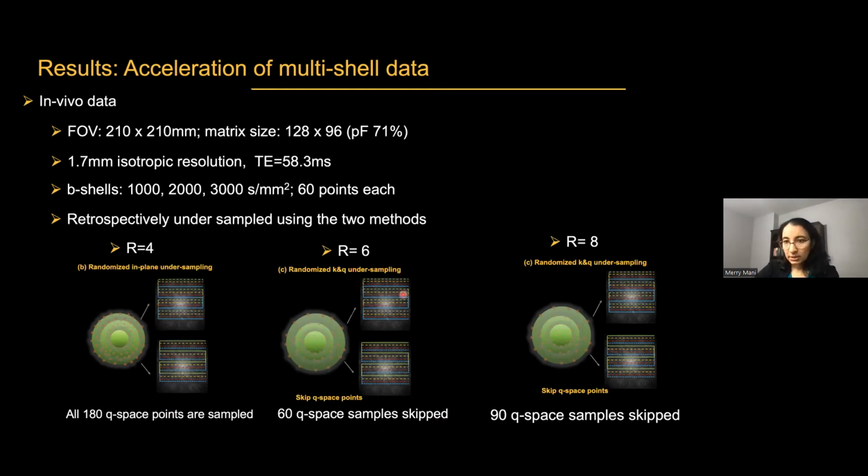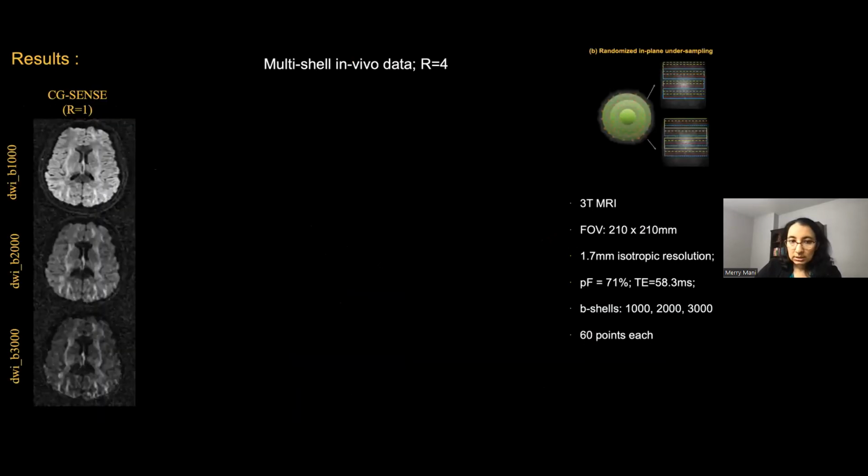So here the k-space is undersampled, and on top of that, the Q-space is also undersampled. For acceleration of 6, I skip 60 points out of the 180 points. For acceleration of 8, I skip 90 points out of the 180 points.